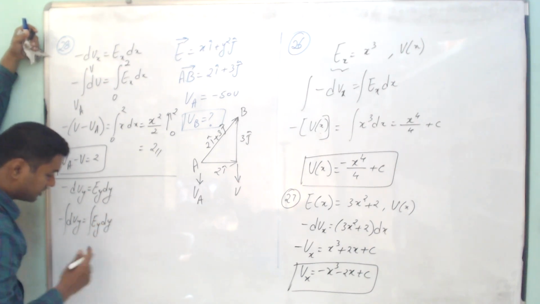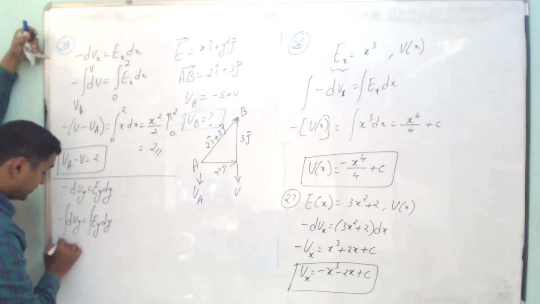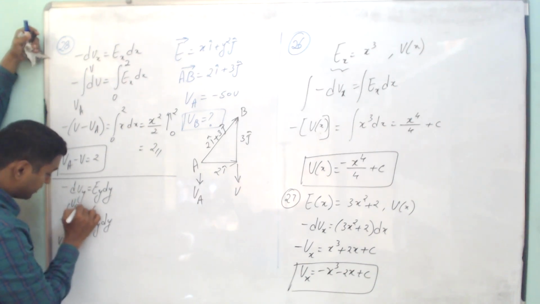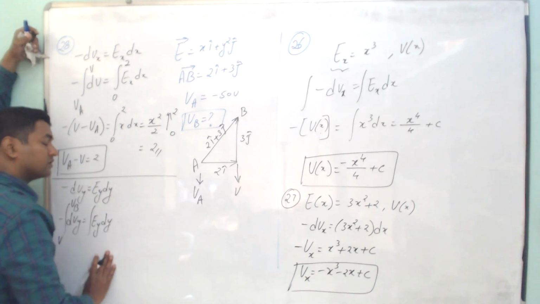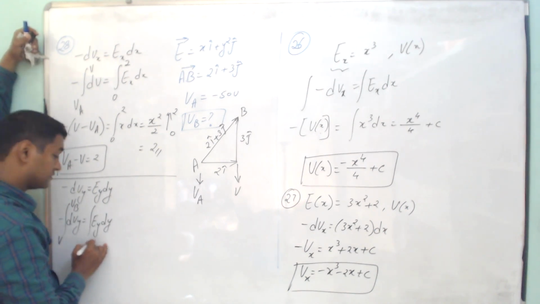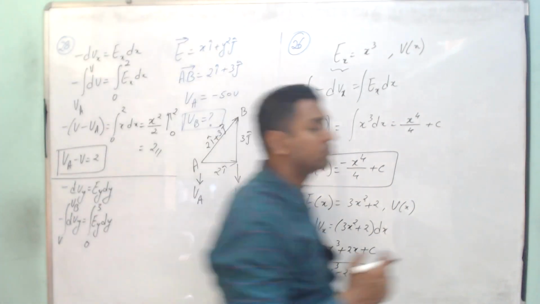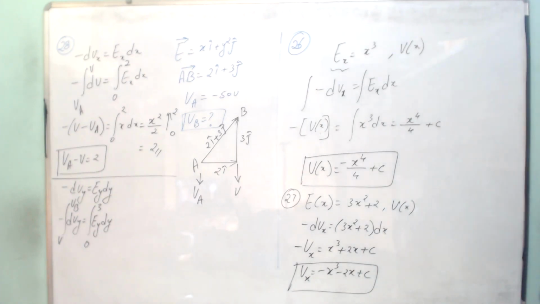First, tell me what limit should I substitute on V, from V to VB. And what are the limits over here? 0 to 3. Along the y-axis, it is 0 to 3. Nothing to do about x.